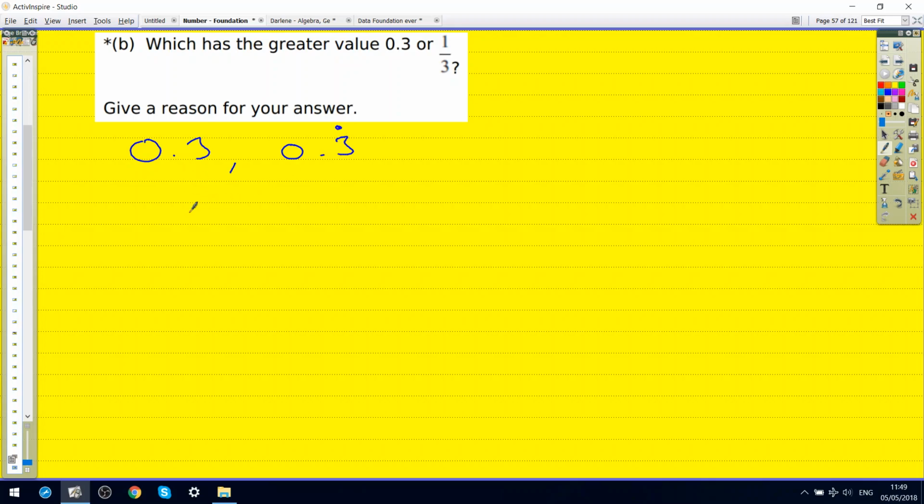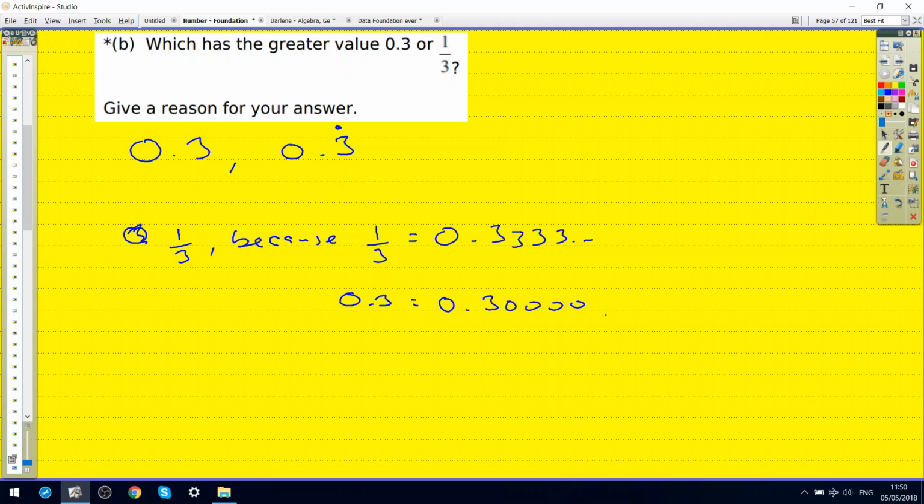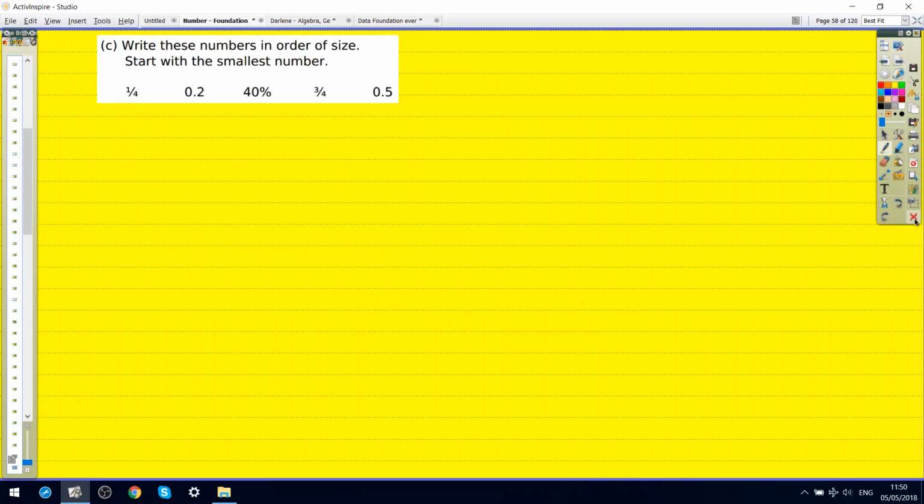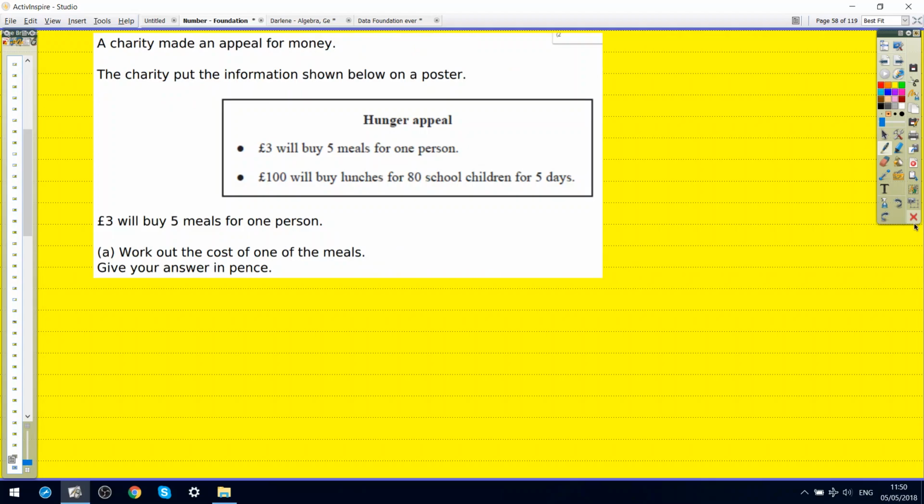Yeah, and why is that? Yeah, so this one's like 0.3333, whereas the other one is just 0.3, which is like 0.30000. Okay, this one. Fine.